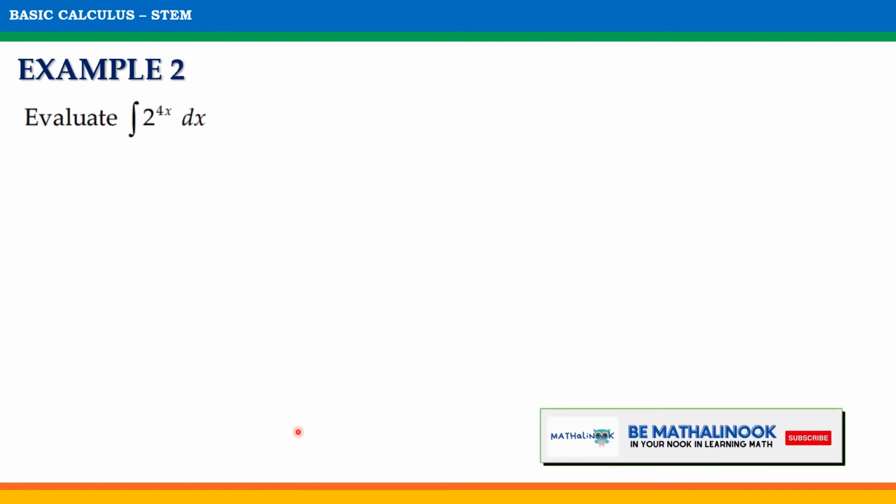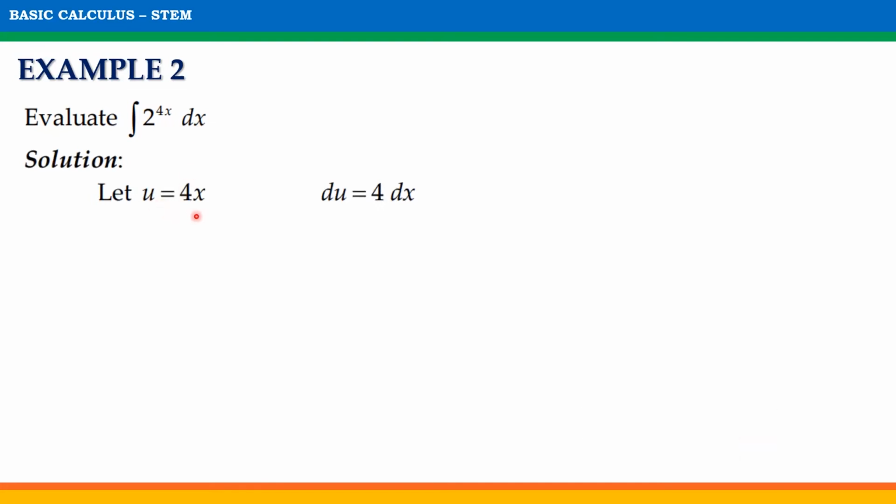Example number 2. Evaluate the antiderivative of 2 raised to 4x dx. Let u be equal to 4x. Thus, getting the derivative of u, which is du, we will have 4 dx. However, notice here that we do not have 4 dx. Instead, we only have dx. So, we will divide both sides by 4, getting dx is equal to 1/4 du.